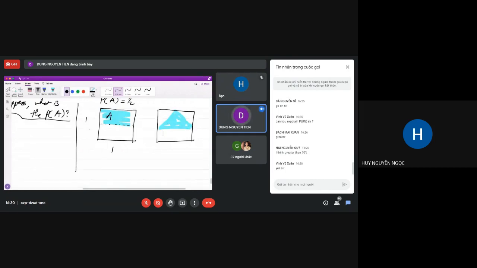Again, it is the area of the triangle divided by the area of the whole square, right?